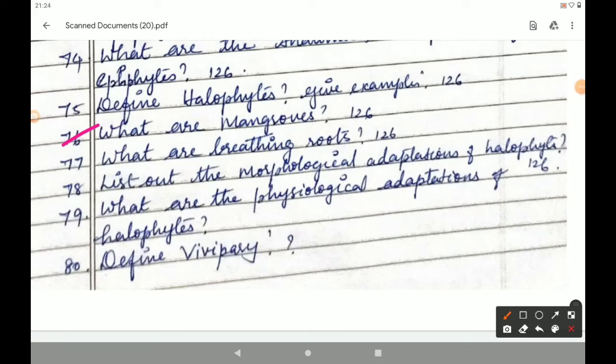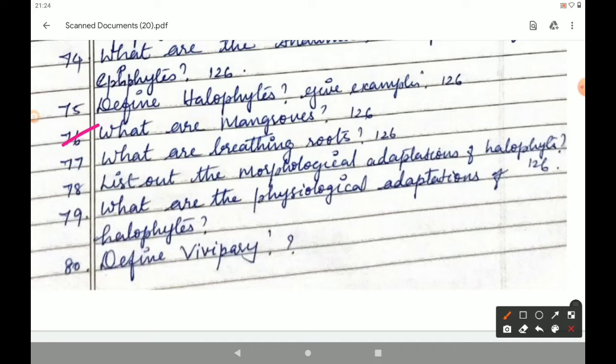Mangroves are, come to page number 126, right side of the page, under the halophyte subheading, third line of the second paragraph. As plants cannot use salt water directly, they require filtration of salt using physiological process. This vegetation is known as mangrove forest and the plants are called mangroves.